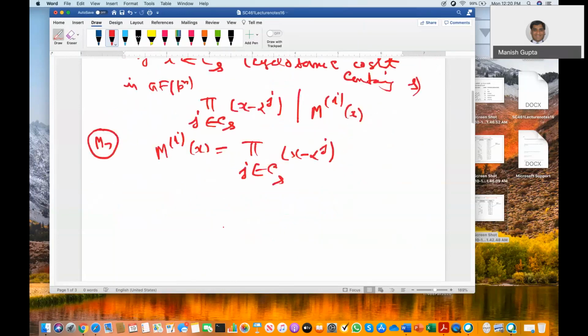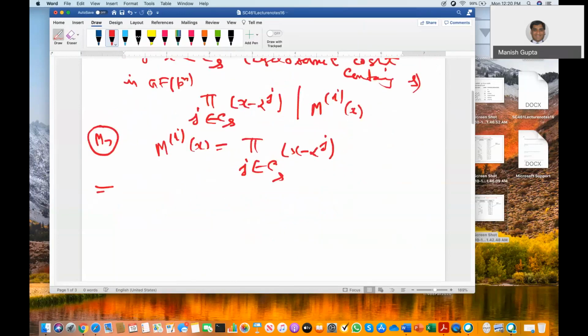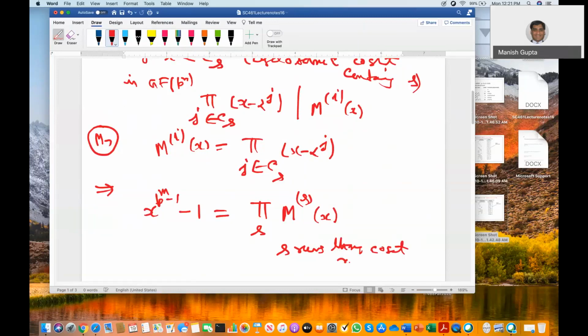And hence this implies that x raised to p raised to m minus 1, minus 1 can be written as the product over s of m_s(x), where s runs through the cyclotomic coset representatives modulo p raised to m minus 1.